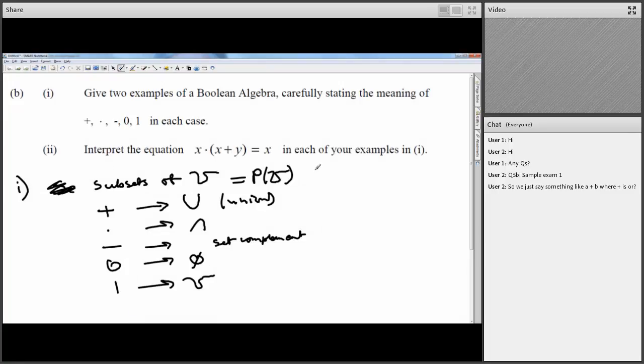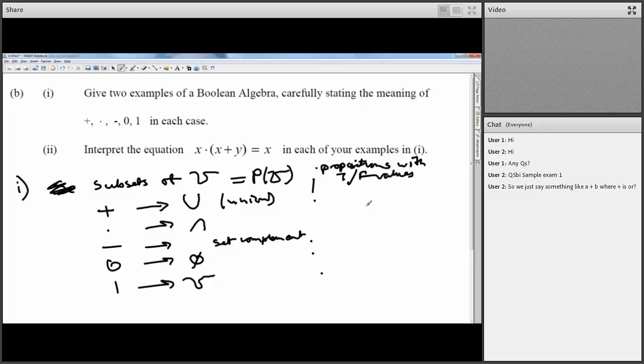So the other key example that we did, apart from sets, was logic. Propositions with true false values is the basic idea we looked at.